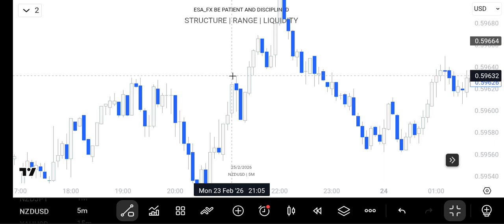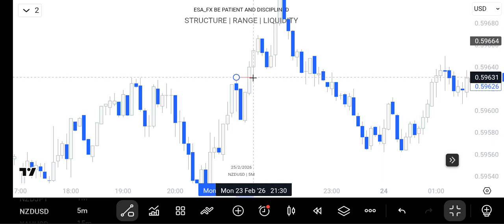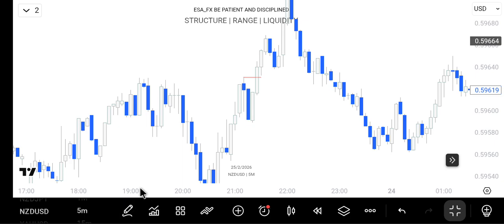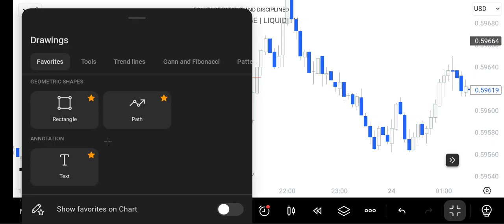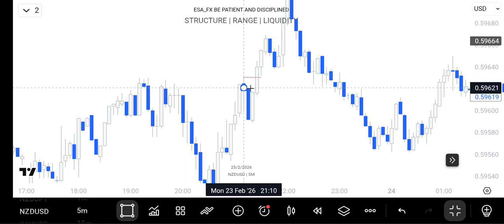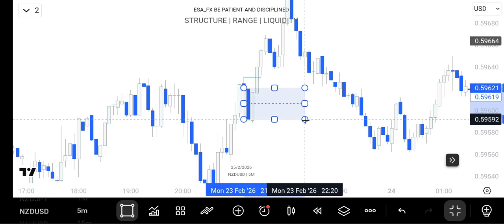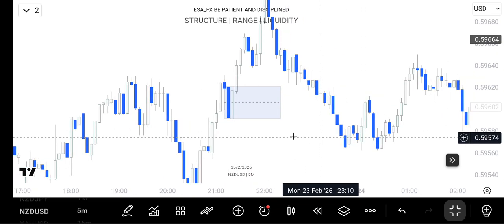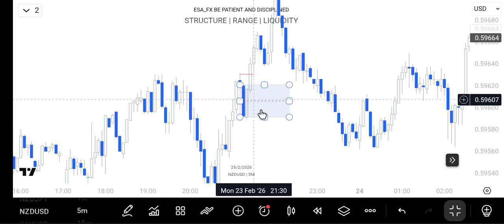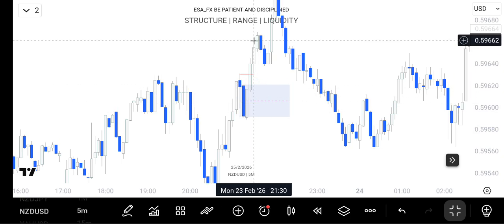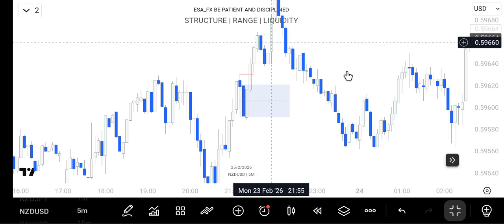But in marking valid order blocks, you will not just pick out any break of structure and mark the last opposing color before the aggressive move. No, we're just marking for example purposes, but in usage, you will not mark every break of structure and every opposing candle before an expansion or momentum move.